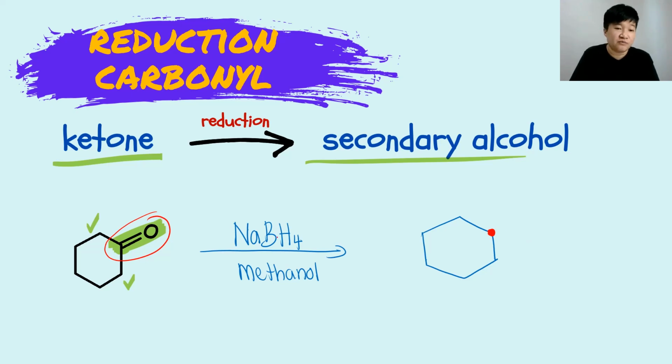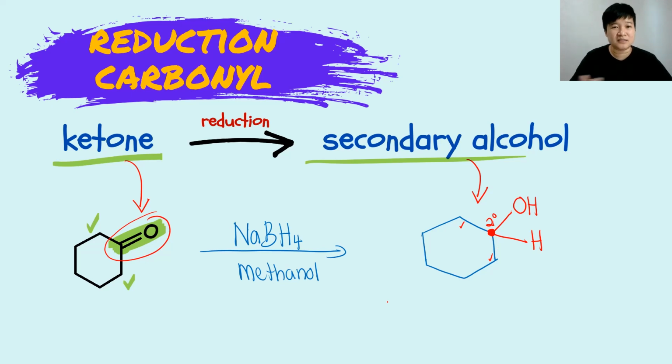And what happened when the double bond O undergoes reduction? The same thing, guys. The double bond O becomes OH, getting a new friend, hydrogen. Your ketone becomes a secondary alcohol because the carbon is a secondary carbon.